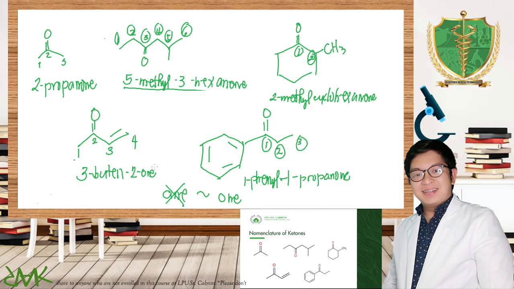Now for our unsaturated hydrocarbons, that's basically the same thing. The IUPAC names for unsaturated ketones are made by changing the final ANE. When saturated, it is ONE. This is saturated. Now, how about unsaturated?